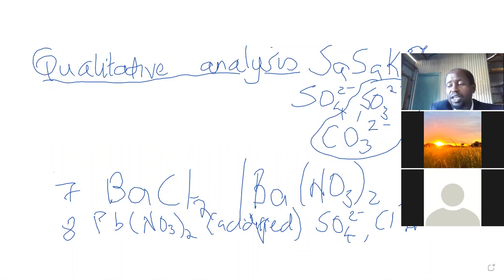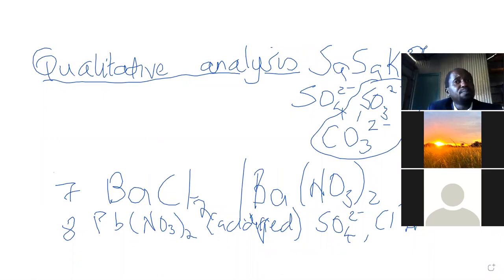So when acidified and warmed, a white precipitate that remains on warming would imply sulfate ions. White precipitate that remains on warming, the inference would be sulfate ions.